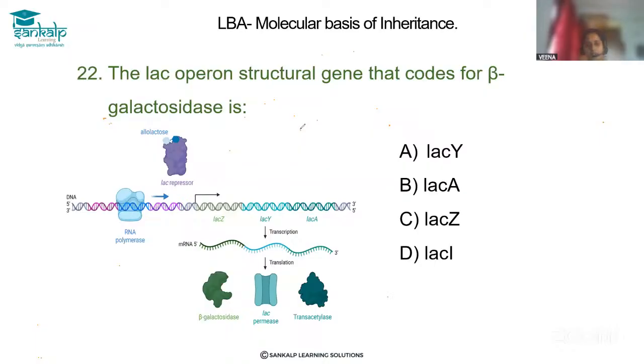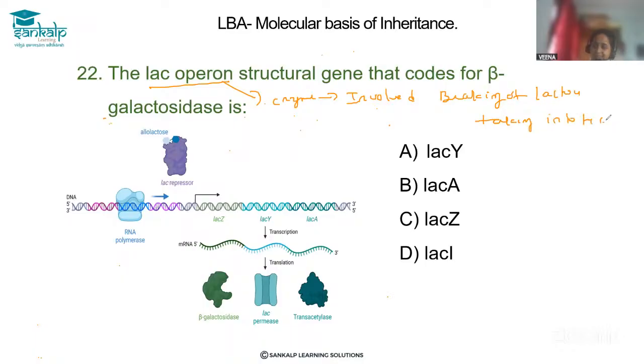Let's solve question 22. The lac operon structural gene that codes for beta galactosidase is. So dear students, you know that the lac operon is a process where the enzymes are involved in breaking down lactose and taking it into the cell, and in the metabolism of lactose.